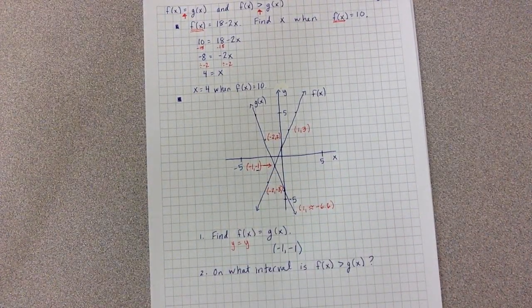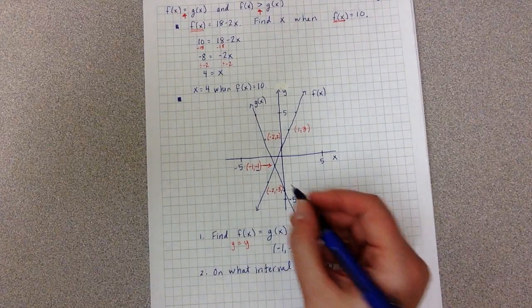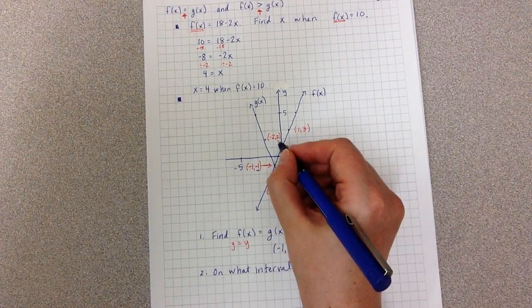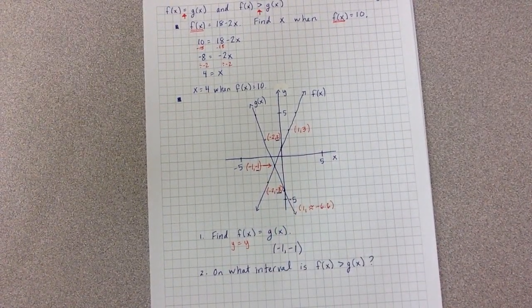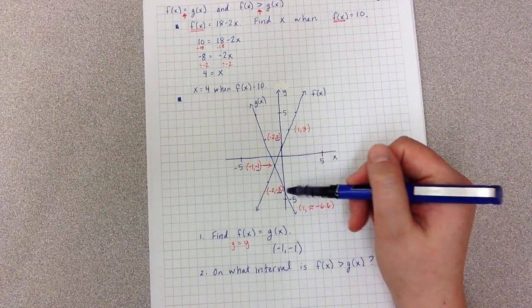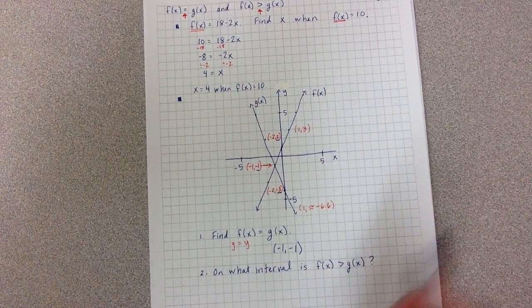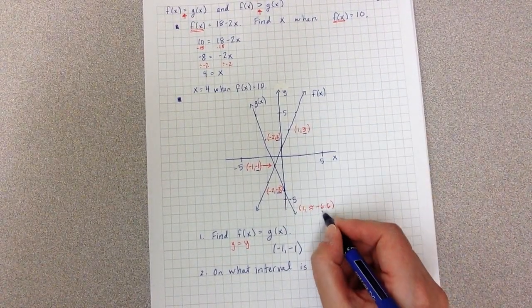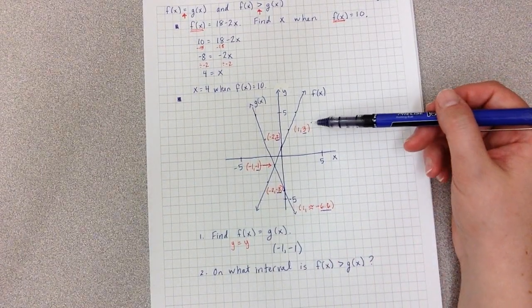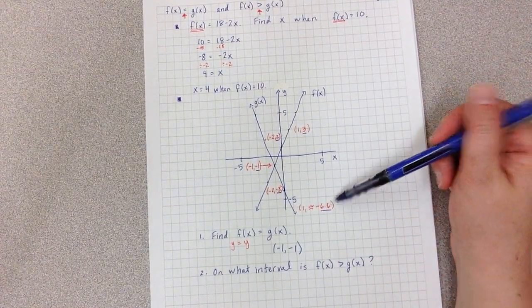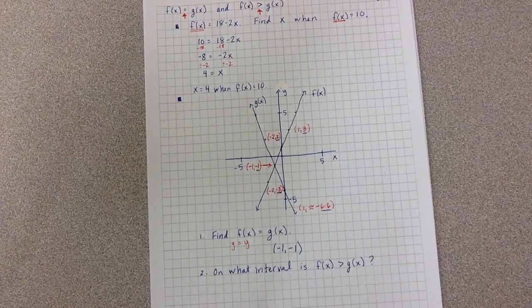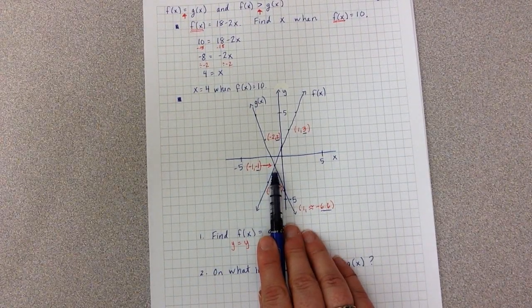However, if I look at some of the other points that I labeled, I can see that these y values are not the same, and the g of x function is a bigger number than the f of x function. And these y values are not the same, but over here, the f of x function is bigger than the g of x function. So something happens when I cross this point.